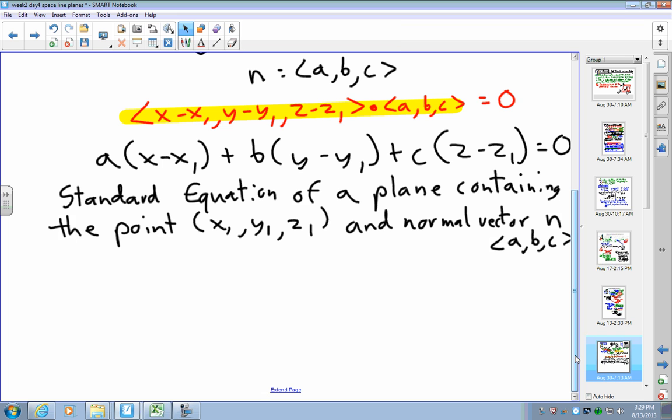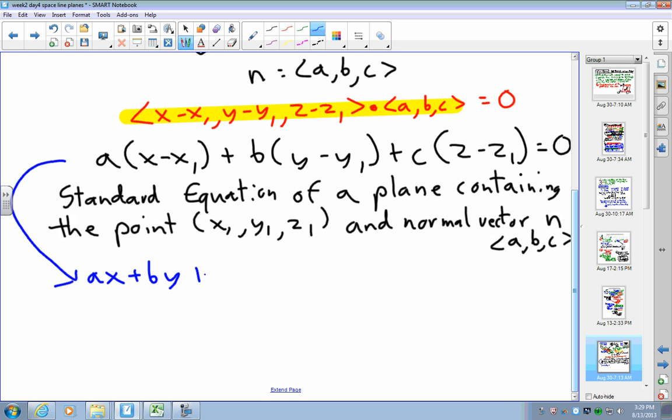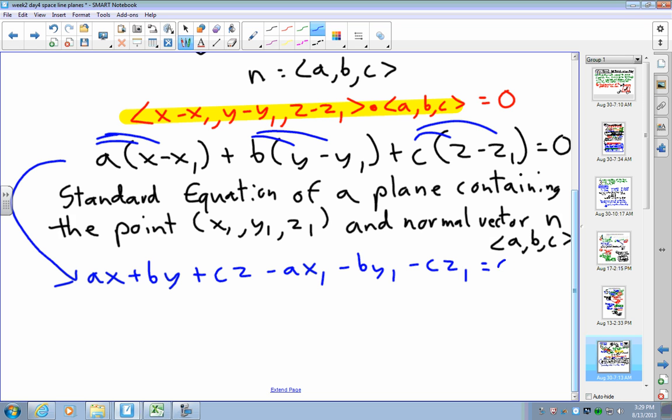Now, if you want to simplify this a little bit, I kind of like seeing it in this form. What you can do is, let's rearrange a little bit and say ax plus by plus cz. I'm just distributing, and kind of collecting things. So ax plus by plus cz minus ax1 minus by1 minus cz1 equals 0.